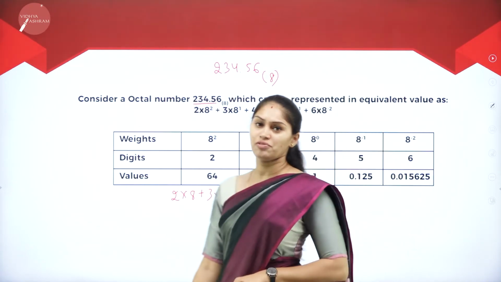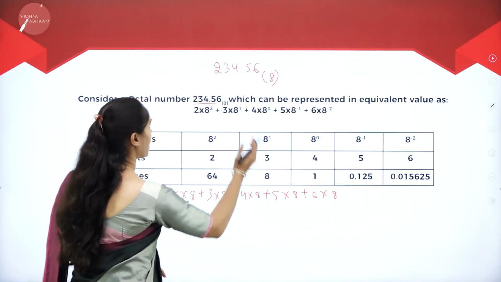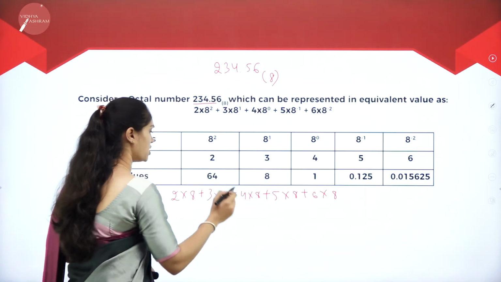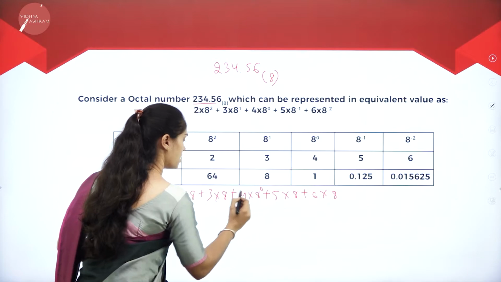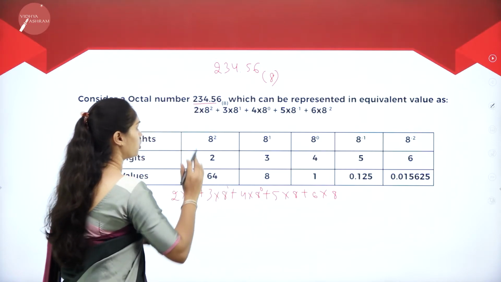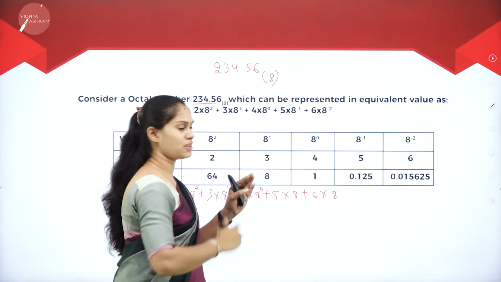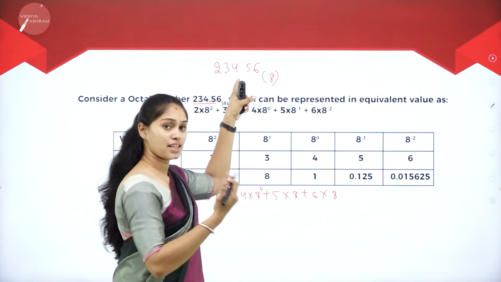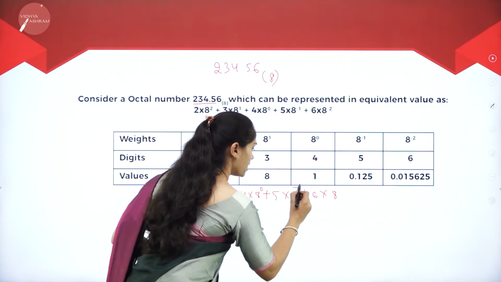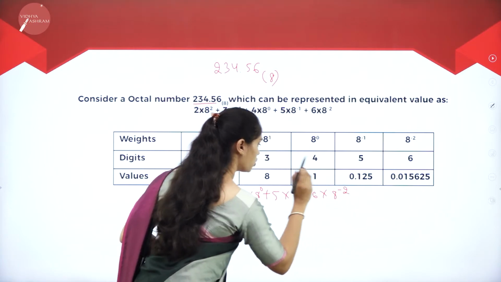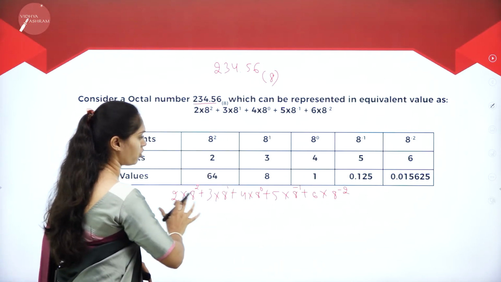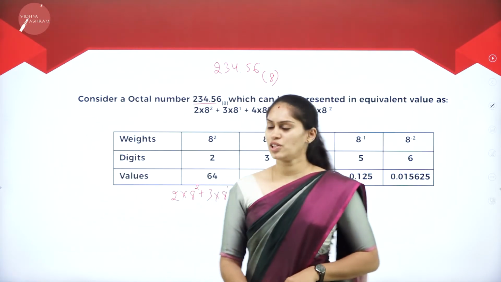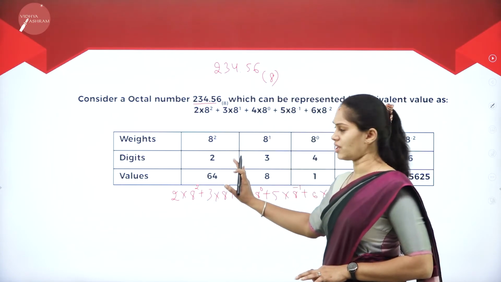How do we give the weights for each digit? It has to be from right to left. Which is the first value? That is 4: 8 power 0, 8 power 1, 8 power 2. For the digits on the right side of the decimal point, I have to give negative weights: minus 1, minus 2. Then we perform the calculation and get the values as I have shown here.